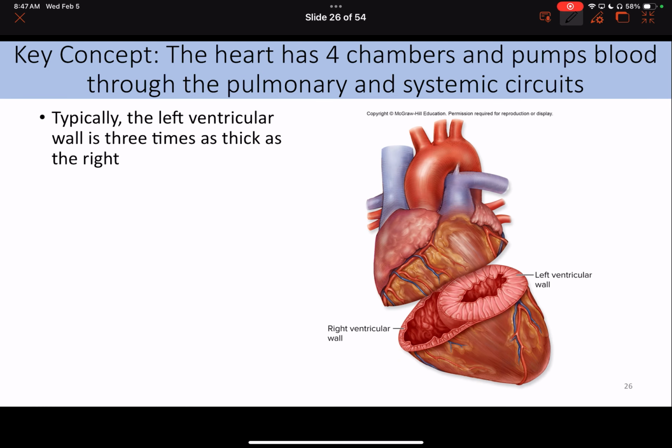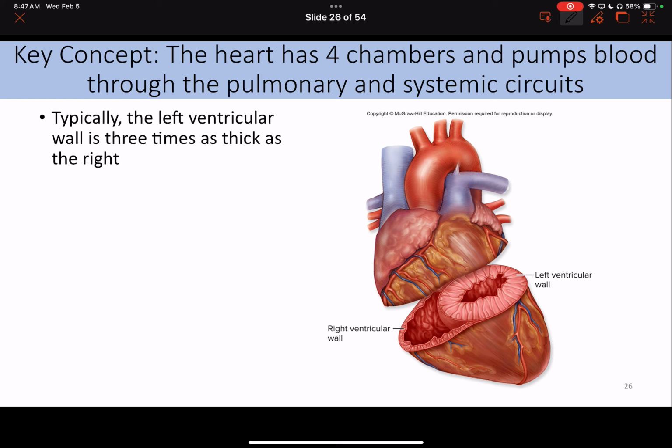So typically the left ventricular wall is 3 times as thick as the right. Can anybody guess why that is? Not lack of oxygen. They both have to pump it out, but the right side of the heart, where is it pumping out to?